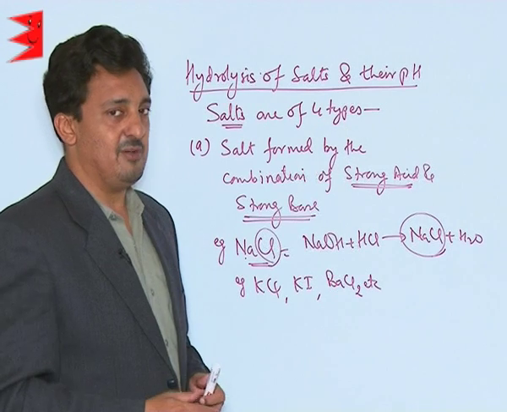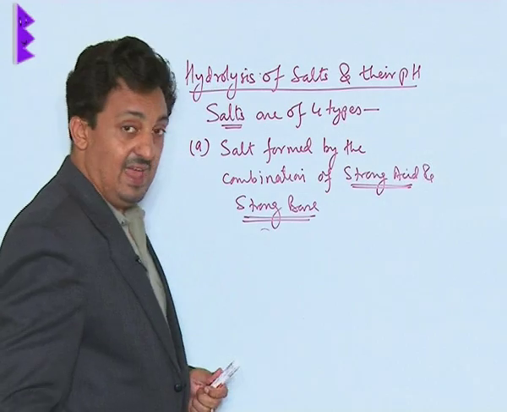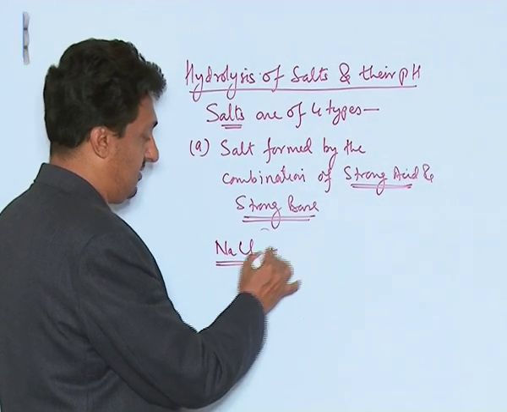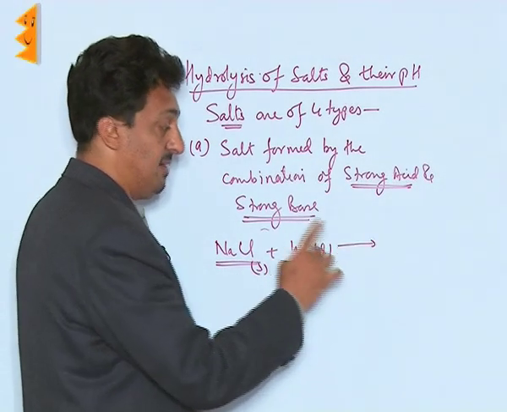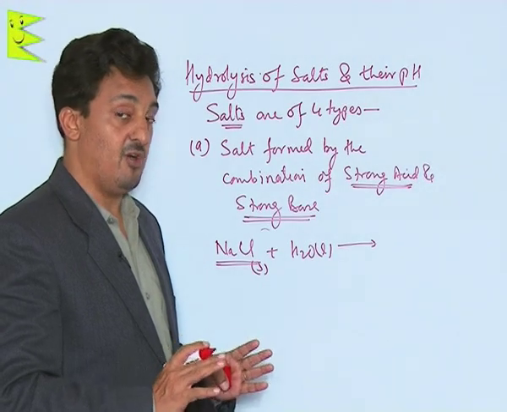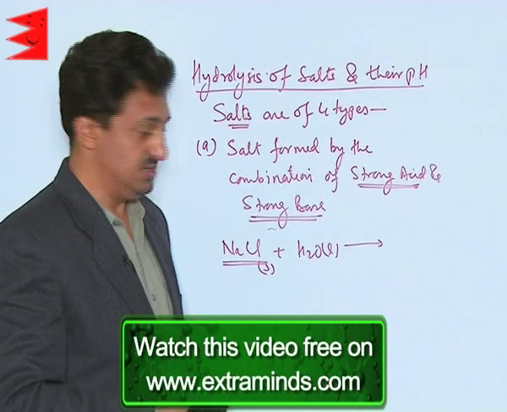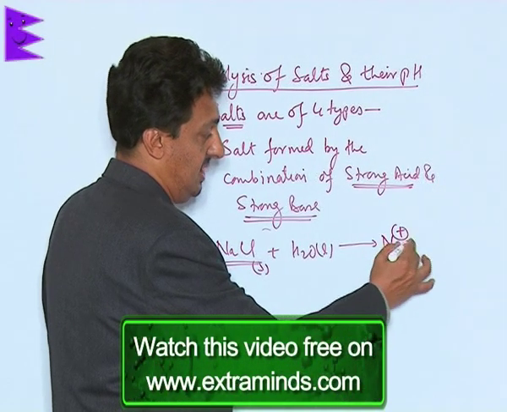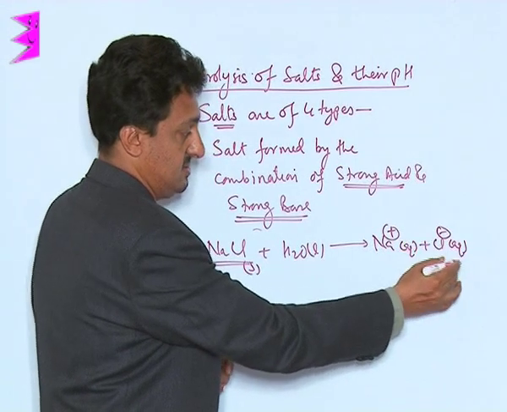Now, when such salts are added to water in the solid state, remember, we don't have any weak salt in the syllabus. All salts will be strong electrolytes. They will show 100% dissociation. So when this salt is added to water, it forms Na+ aqueous ions and Cl- aqueous ions.